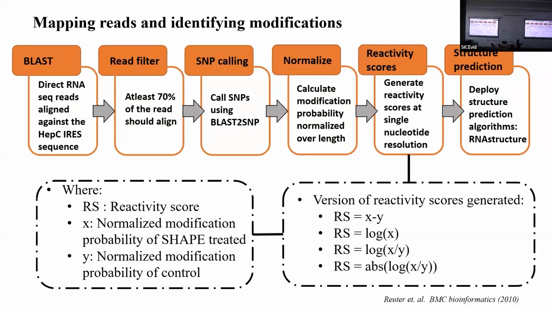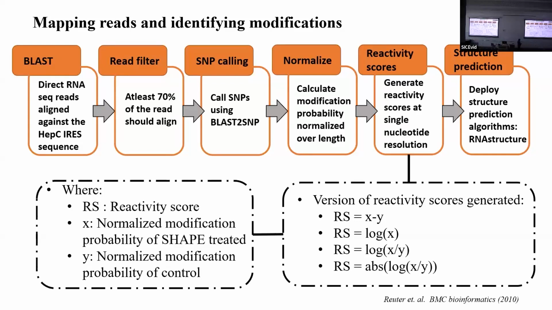You calculate the modification probability along the length. You create a reactivity score based on this. Now, remember, we did a control and we did a treated. In the control we expect nothing to happen. In the treated, you expect changes to occur wherever there's a structure, right? But nanopore also has an error rate, right? Remember, this is a technology which is maturing. So you should expect some errors directly from the sequencer, even if you don't do anything.